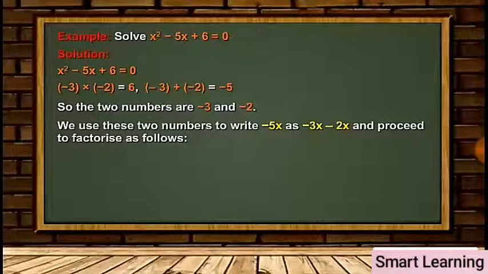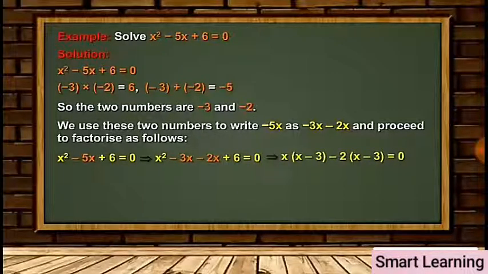We use these two numbers to write minus 5x as minus 3x, minus 2x and proceed to factorize as follows. x square minus 5x plus 6 is equal to 0, which implies x square minus 3x minus 2x plus 6 is equal to 0.